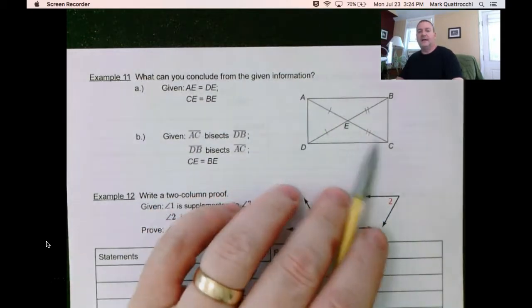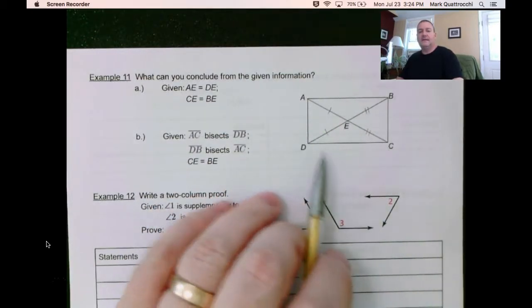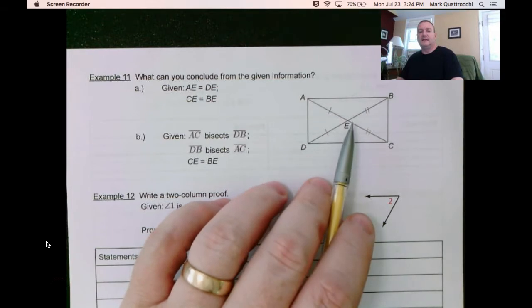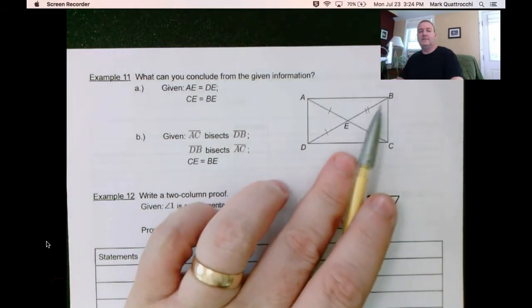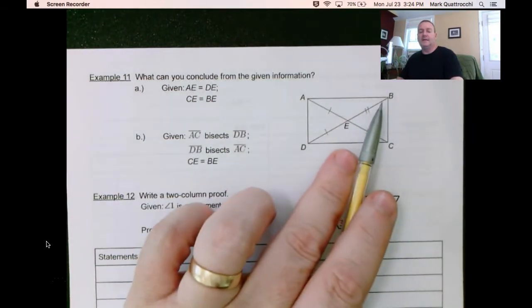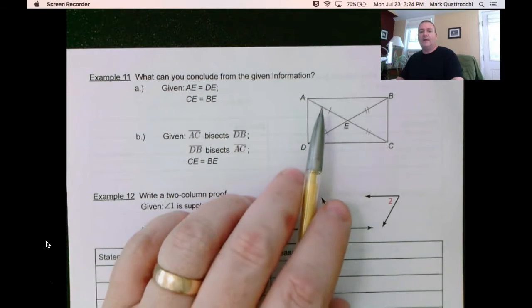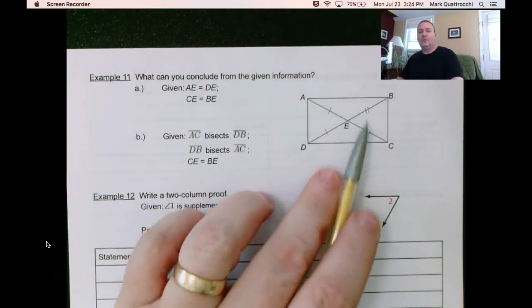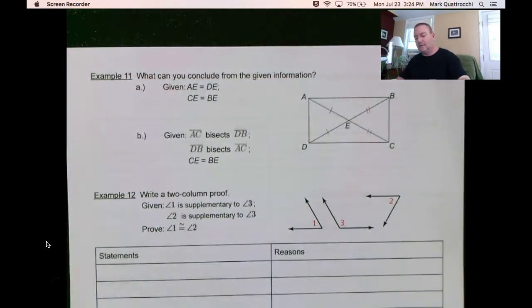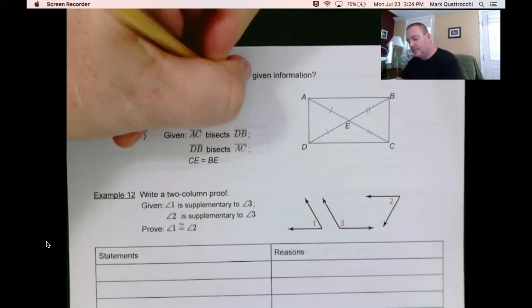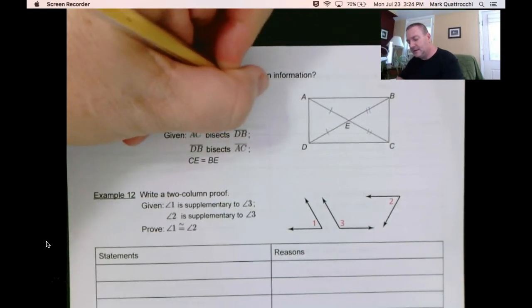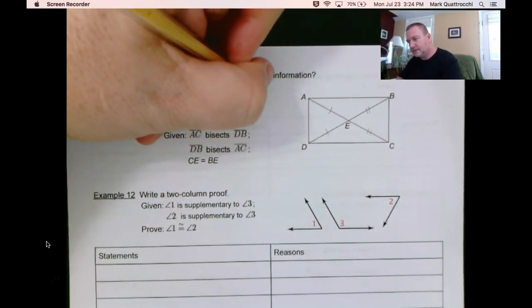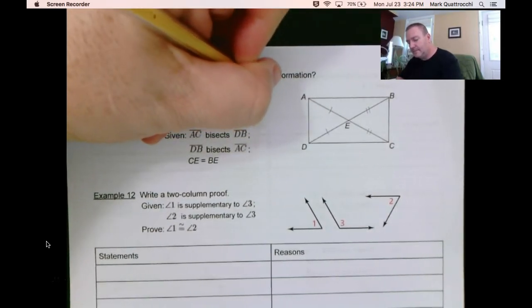If I add them together, I get AC. What can you tell me about DE and EB? If I add them together, I get DB, segment addition postulate. Well, I'm adding equal pieces. Therefore, I can conclude segment AC has the same measure as segment BD.